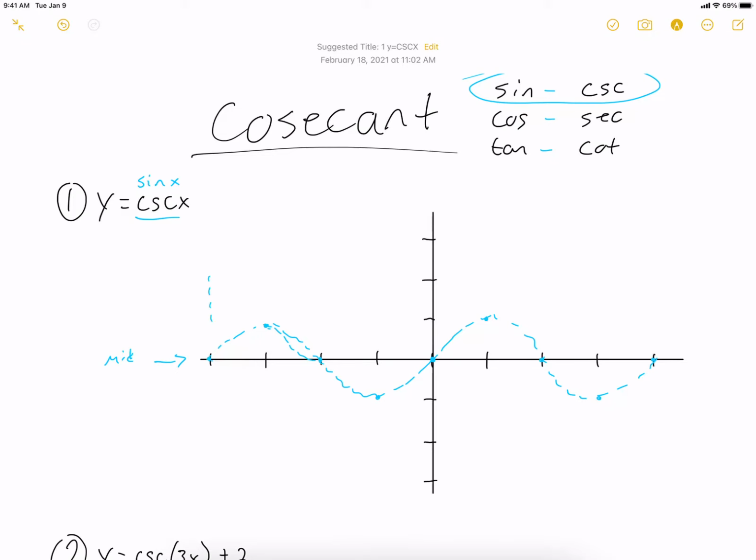And now what we're going to do is find everywhere we see in the midline, we're going to find and draw a vertical asymptote everywhere our original sine or cosine crosses that midline.